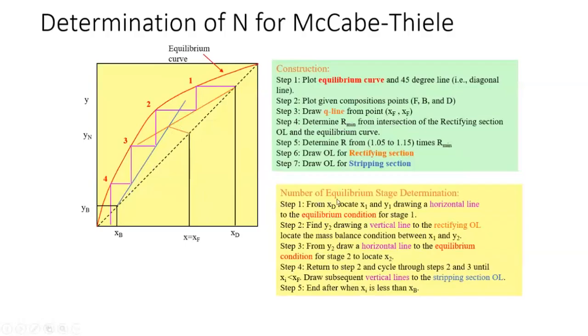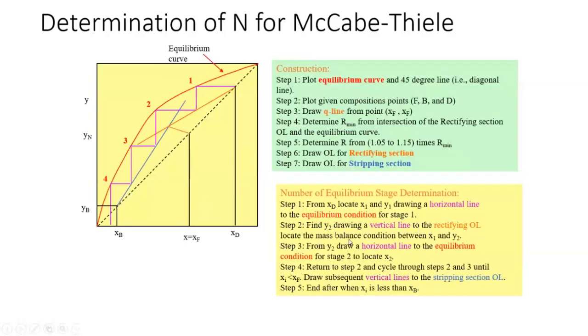Now for the determination of the number of equilibrium stages, this is step 1: from XT, locate X1 and Y1, drawing a horizontal line to the equilibrium conditions for stage 1. Then step 2, find Y2, drawing a vertical line to the rectifying operating line.